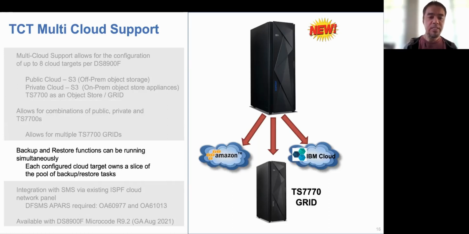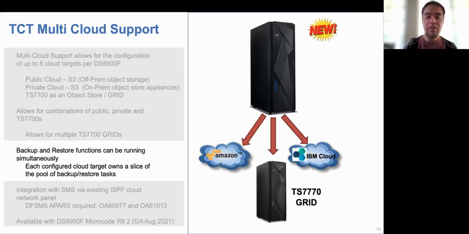When using TCT to move data out of the DS8000 or into the DS8000, we allow you to run multiple concurrent jobs simultaneously. That means you can be running migrations to your private cloud and, at the same time, restoring data from a 7700.